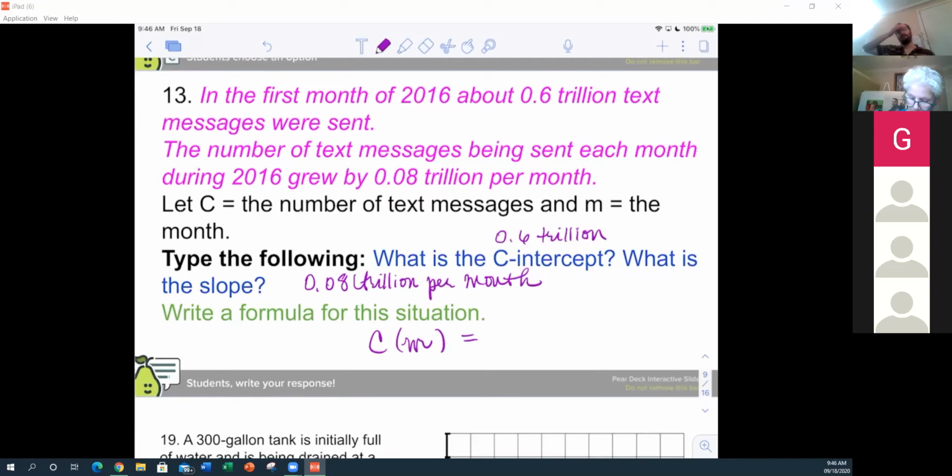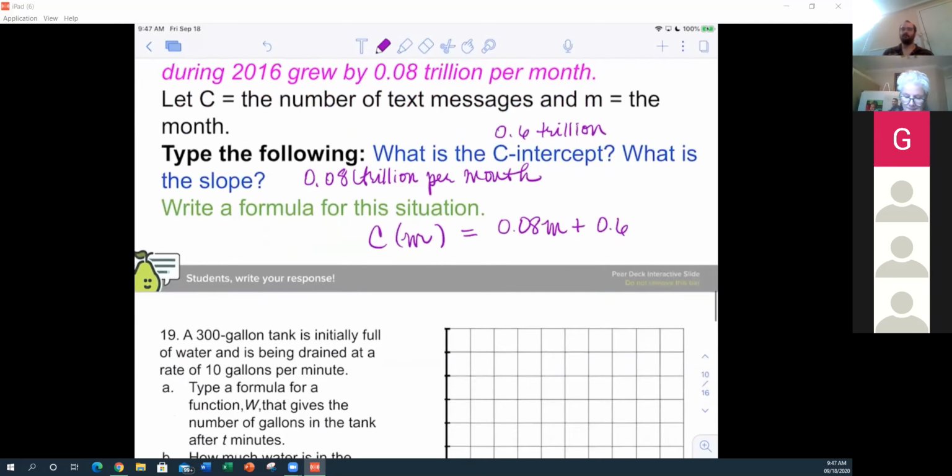I would say 0.08M plus 0.6. Right. And then we have to remember that we're talking about trillions. But that's it.